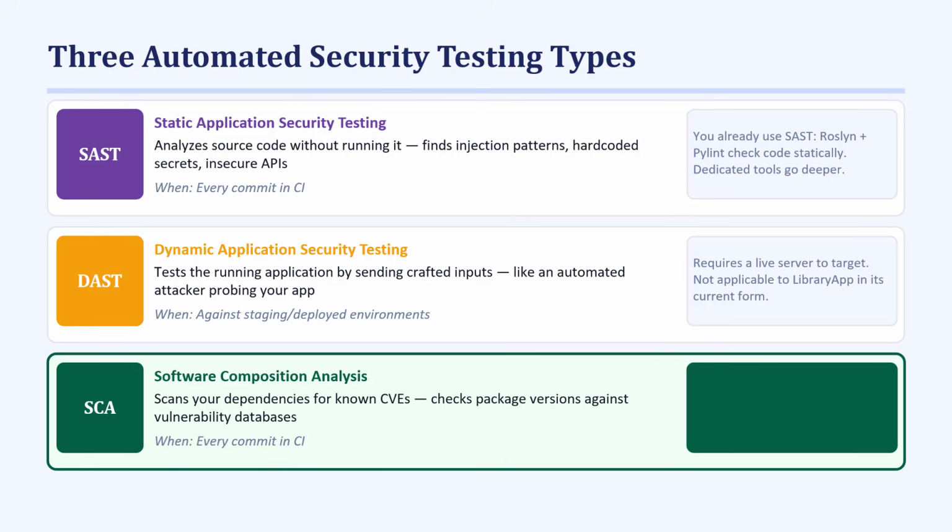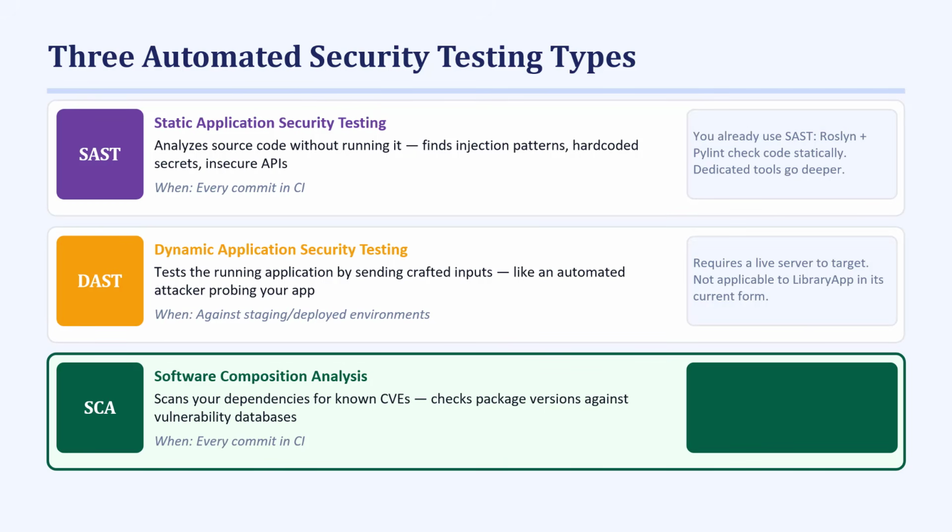So we have some new acronyms to learn if you're not coming from a place of application security. SAST, that's static application security testing. This is where we analyze source code without running it to find security vulnerabilities. And depending on your environment, you are probably already using a form of this.